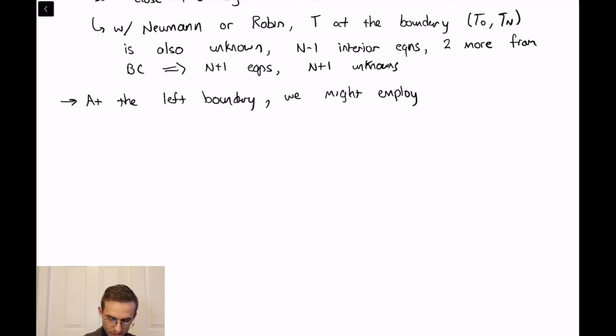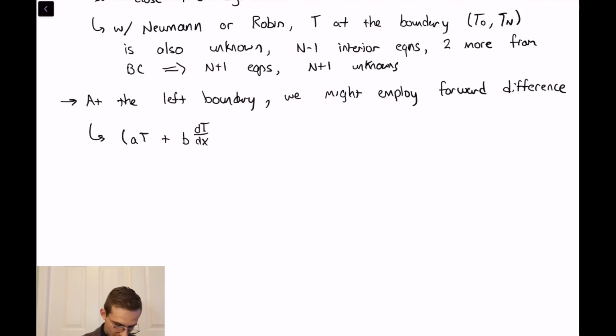I shouldn't have said forward Euler there, because we're talking specifically about a finite difference approximation. So working with that Robin boundary condition, we have aT plus b times dT/dx, evaluated at x naught equals 0, and that is equal to c.